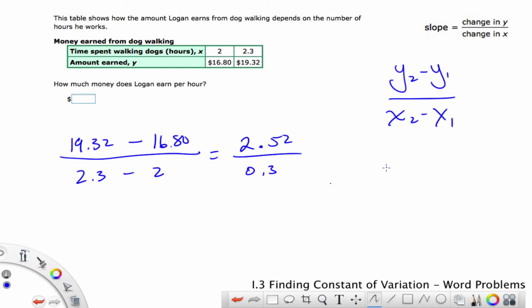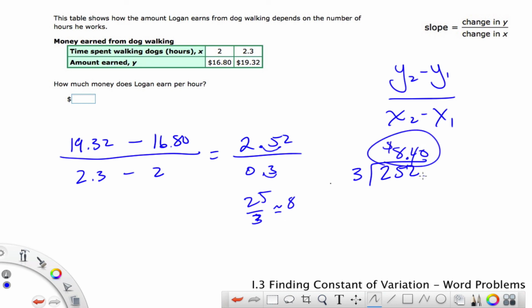So let's see, we want to say 252 divided by 3. So again, I'm going to ignore all these decimals and we'll deal with that later. 3 goes into 25, 8 times with 1 left over. 3 goes into 12, 4 times. So now, we got to figure out how much money he makes per hour. Well, if I were to move these both over 1, that's like 25 divided by 3, which is somewhere in the $8 range. So I know this has got to be $8.40 if I estimate.